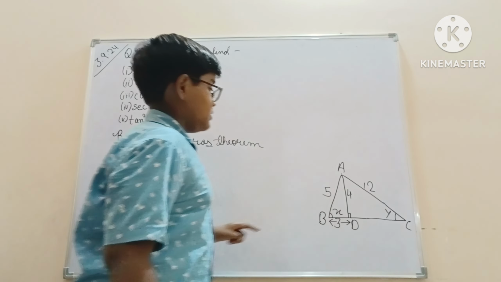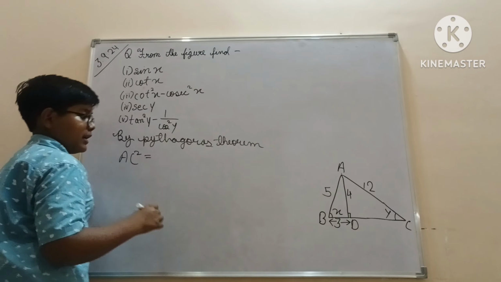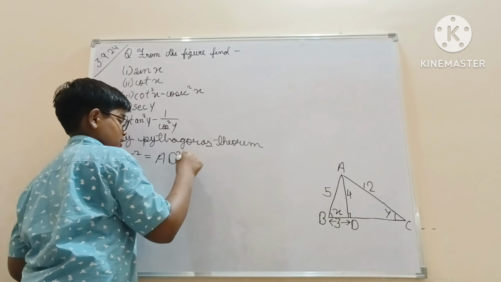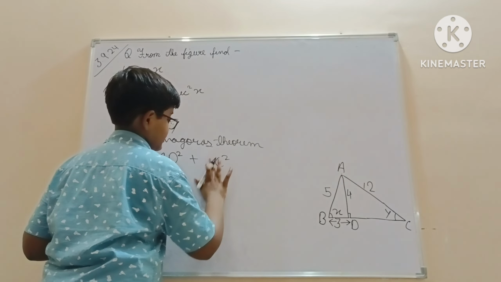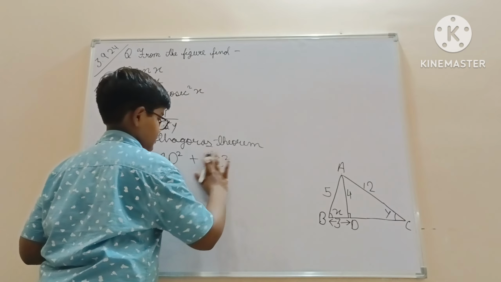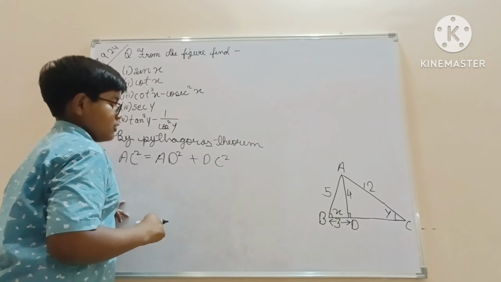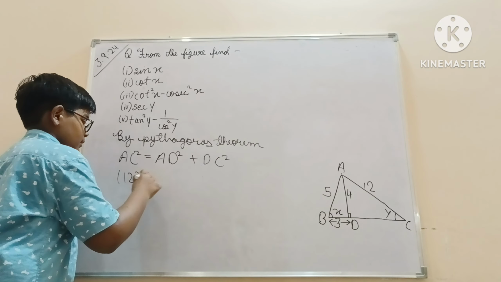So DC will be found by Pythagoras theorem, which will be AC square is equal to AD square plus DC square. So now AC has a value of 12, it will be whole squared.